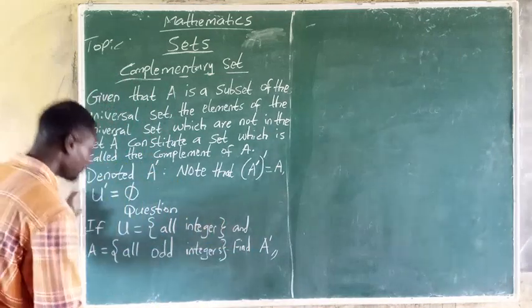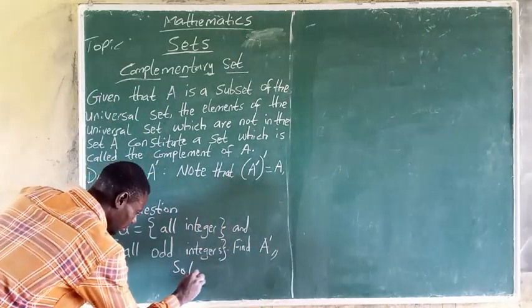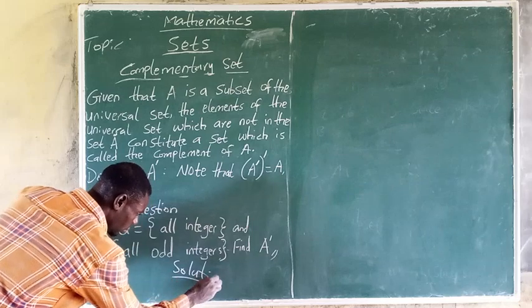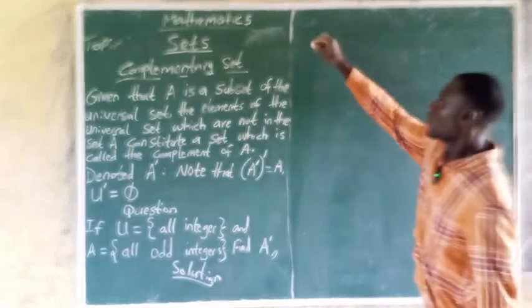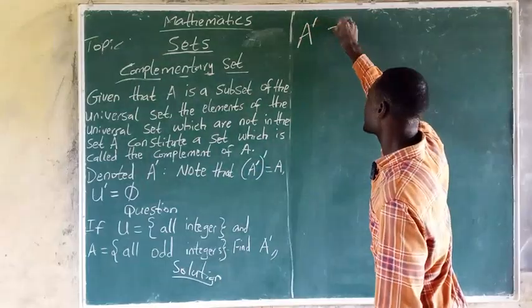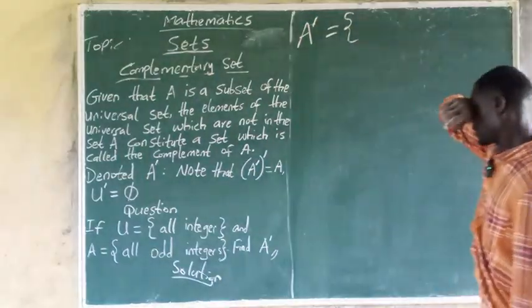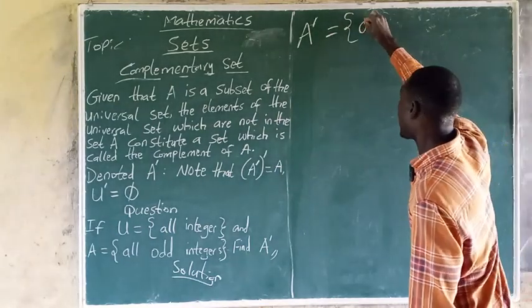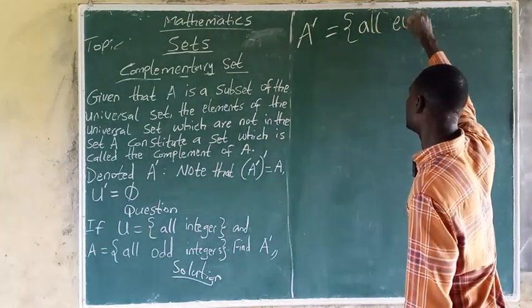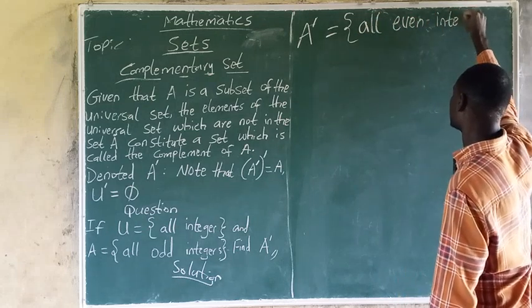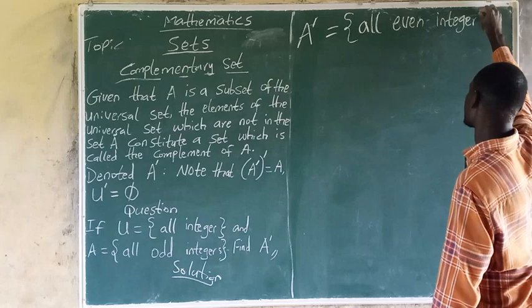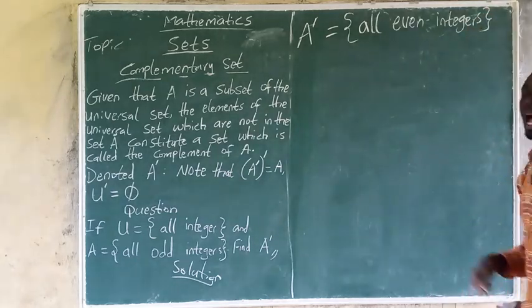It's very simple. Solution. The complement of A, which is the odd numbers, is equal to the set of all even integers. That is your answer.